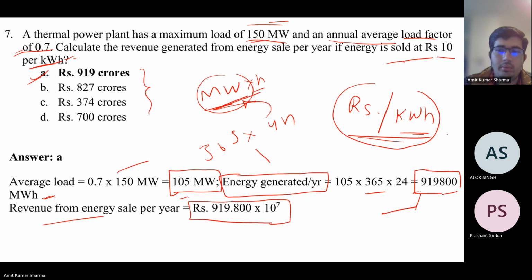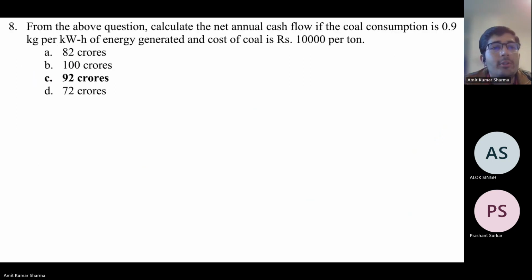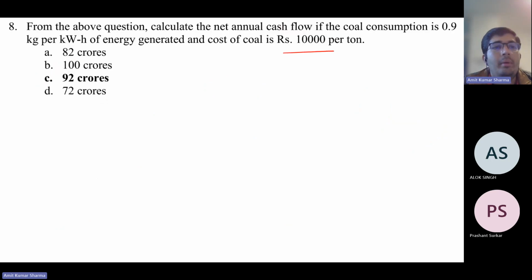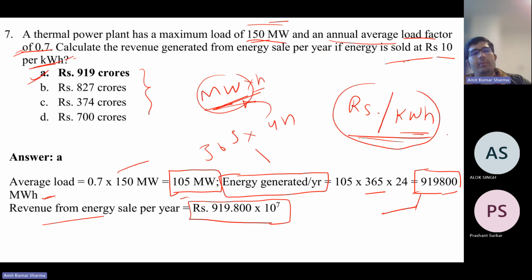No, sir. Okay, yeah, good. So from the previous question, calculate the net annual cash flow if coal consumption is 0.9 kg per kilowatt hour of energy generated and cost of coal is Rs 10,000 per ton. So you have to use the data from the previous question only. So you can note down the data that is required. These are data from the previous question.